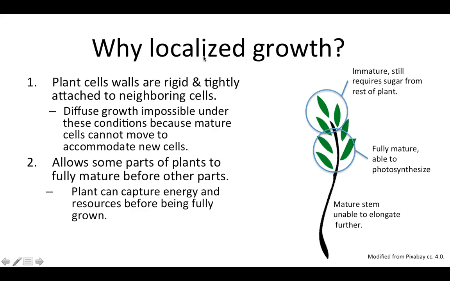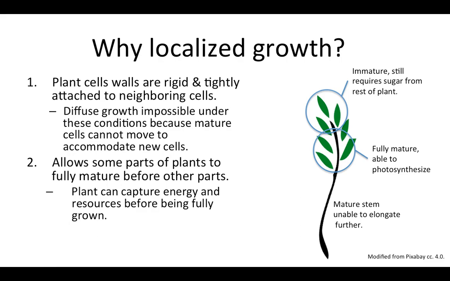What are the advantages of having localized growth as we see in stems? Well, localized growth turns out to be important because plant cell walls are rigid and they are tightly attached to neighboring cells. So once they reach maturity, they're no longer able to get bigger and they're no longer able to separate from their neighbors. Under these conditions, they can't really divide.